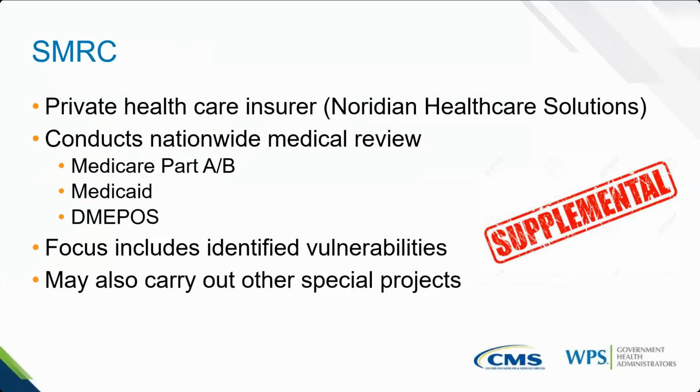The SMRC conducts nationwide medical review of Medicaid and Medicare Part A and B claims, as well as durable medical equipment claims. And they do that to determine whether the claims are following the coverage, coding, payment, and billing requirements.